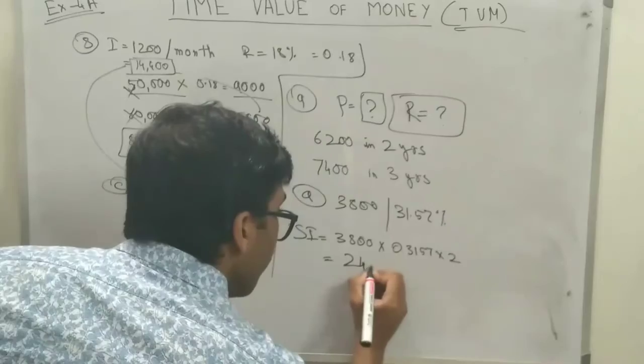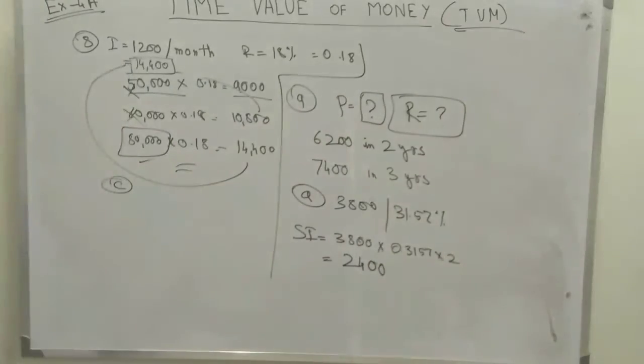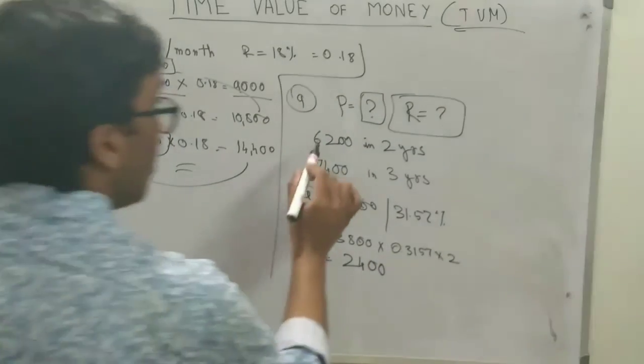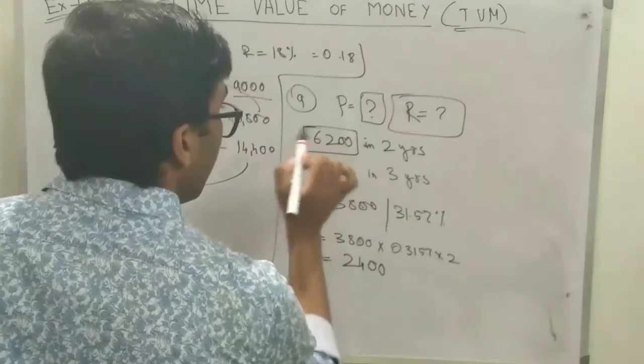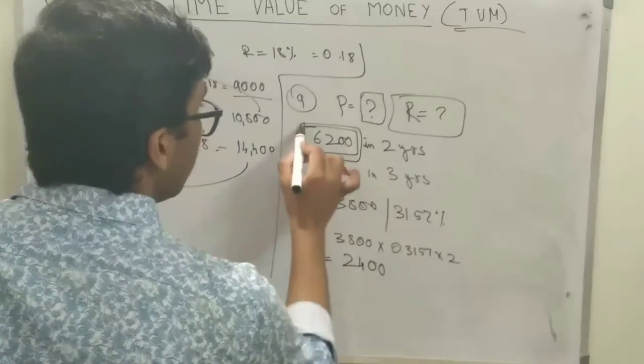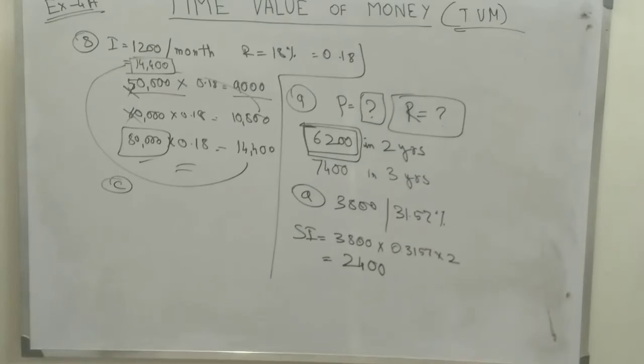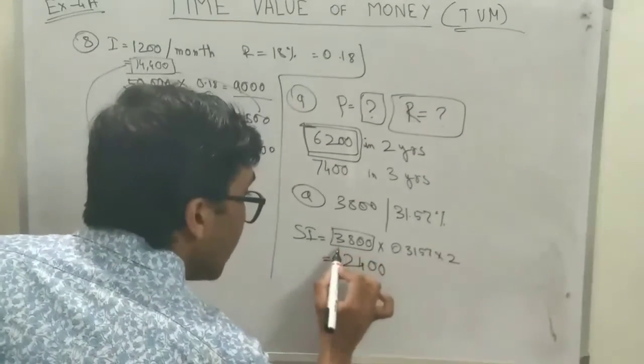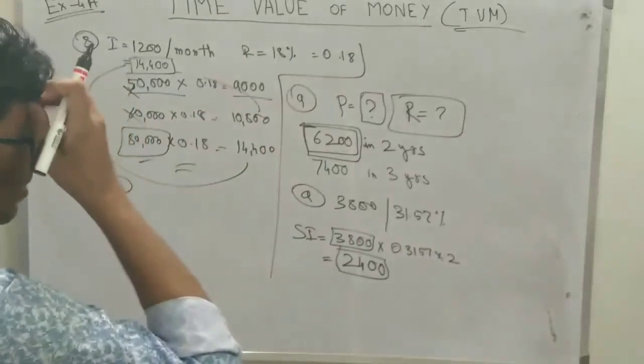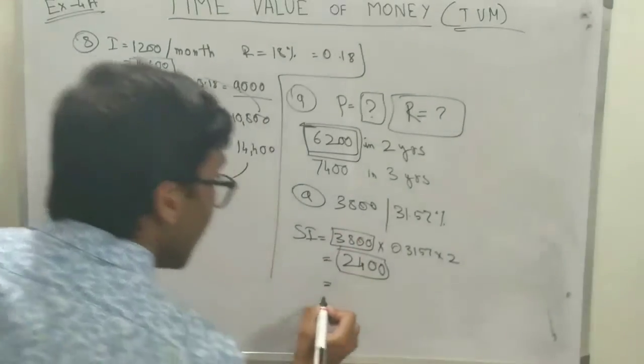If you round it off, you will get 2400. Now this 6200 is the accumulated amount, because in the question it is given a sum of money amounts to rupees 6200. That means principal plus the interest amounts to 6200 in 2 years. This is the principal amount and this is the interest. If you add these two, you will get the accumulated amount.